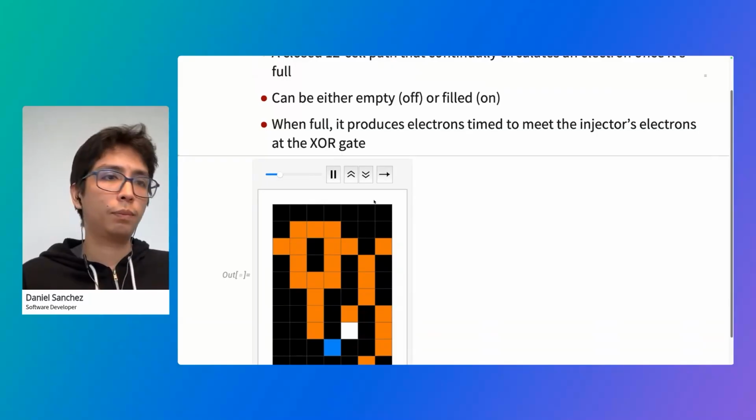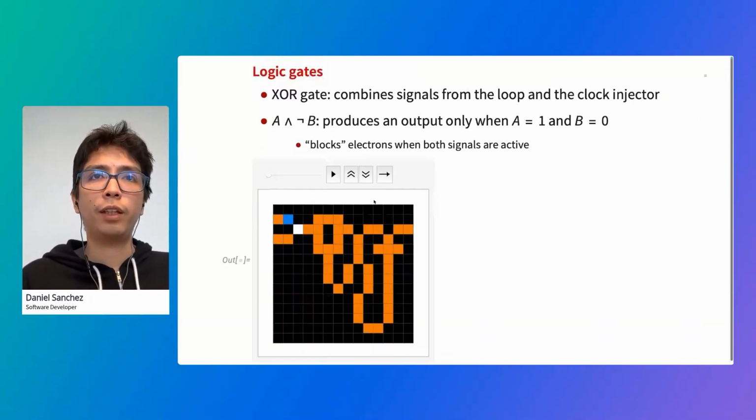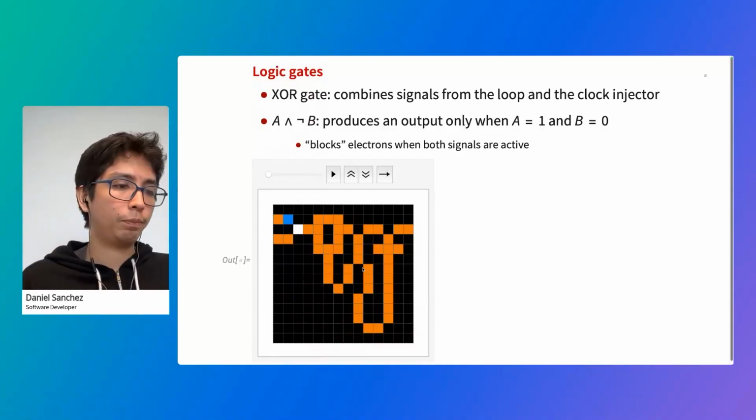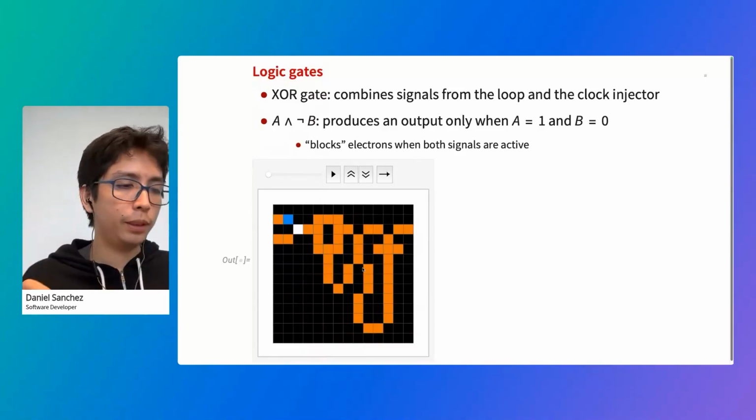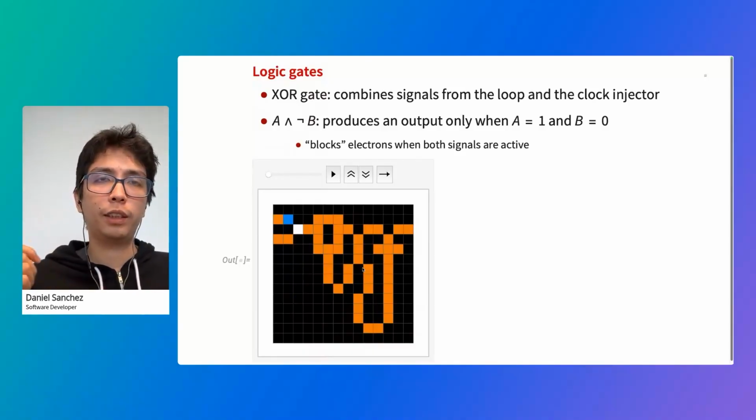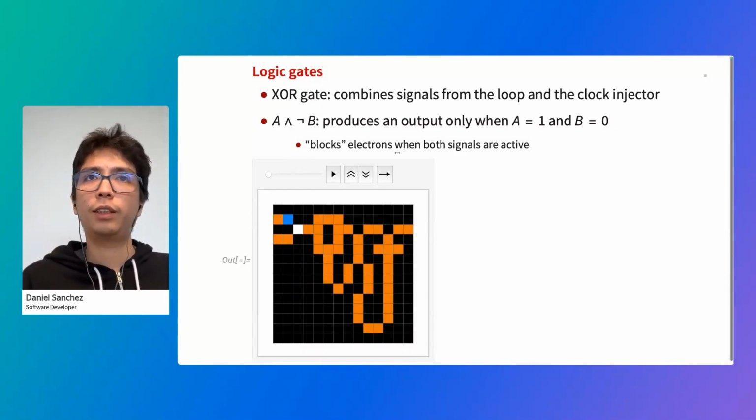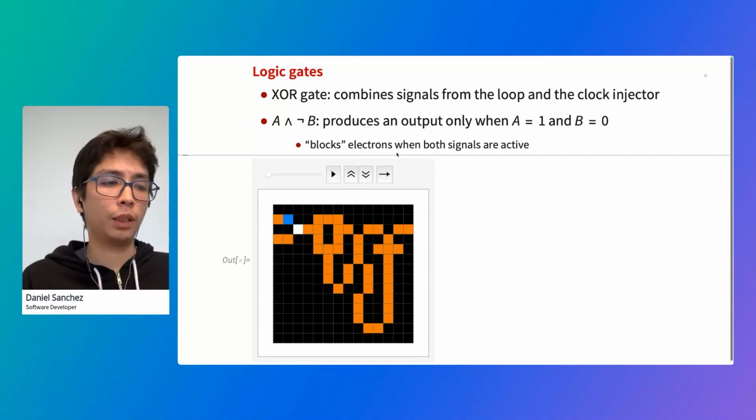Yes, and I'm explaining here in detail, but the important thing is that you have to be really careful with the synchronization of your gates, which is the most important part of constructing this kind of computer in Wireworld.